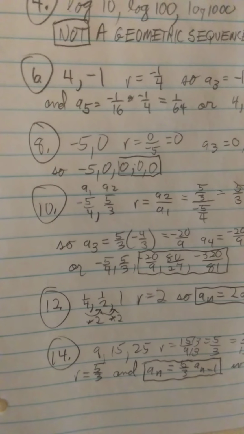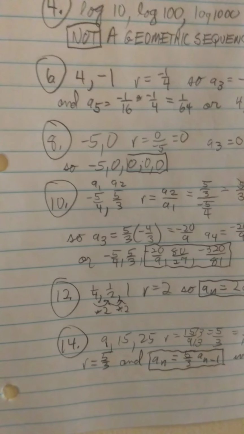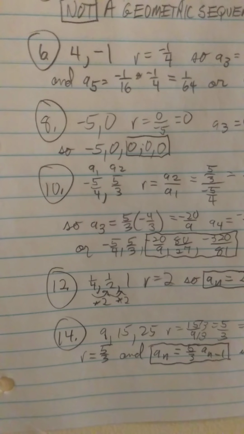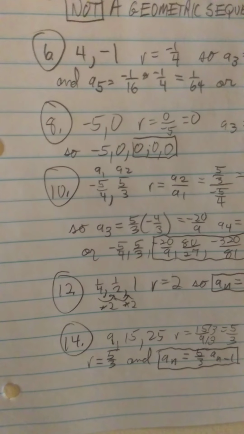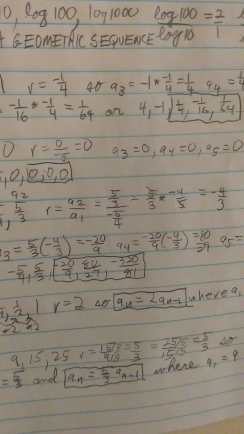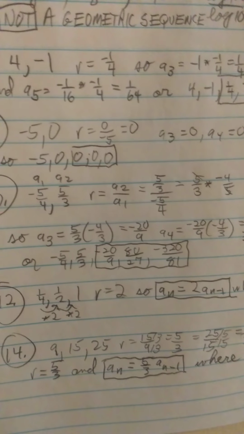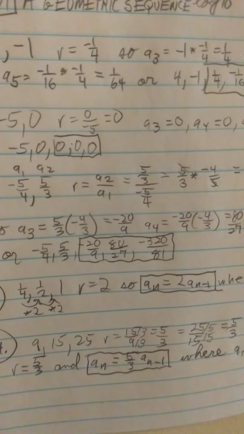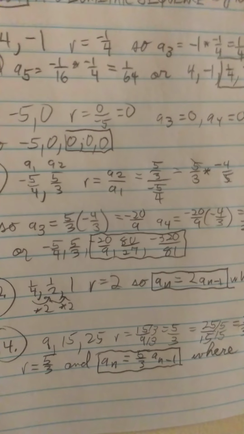Now, if I start out a sequence with the two terms in problem 6 of 4, negative 1, then clearly r is the second term over the first term, negative 1/4. So a sub 3 is negative 1, the second term, times negative 1/4, making it positive 1/4.